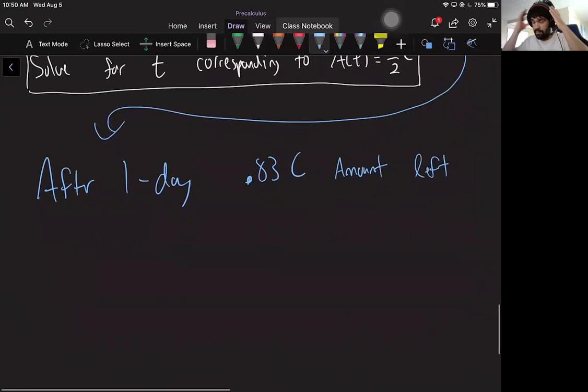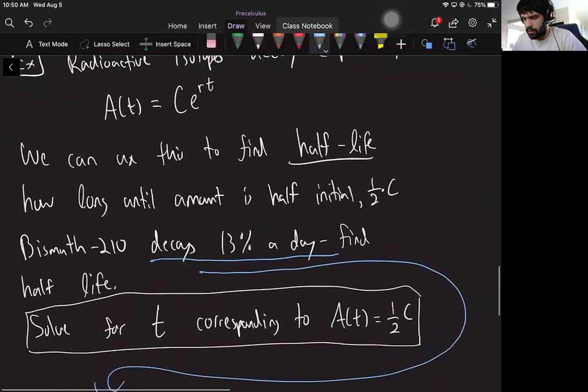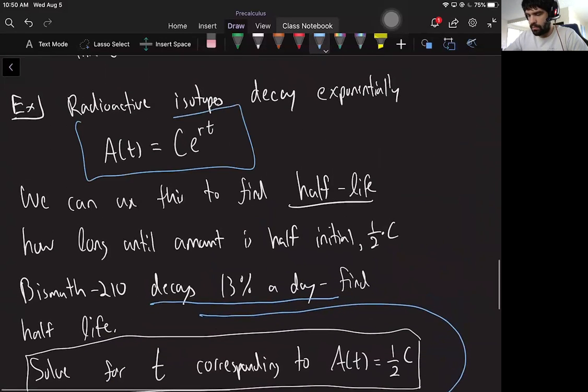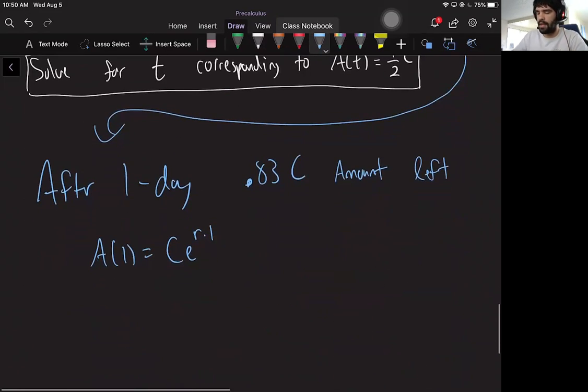So what's going on is that if I plug in 1 to this equation that I'm using to model the situation, I can automatically say that the left side actually equals 0.87 of the initial. So then I end up with a situation like this.